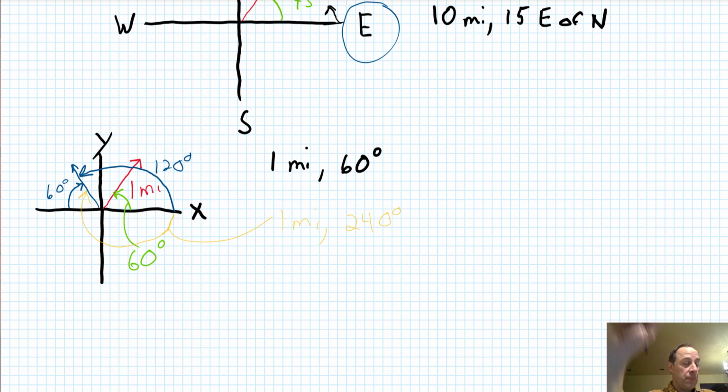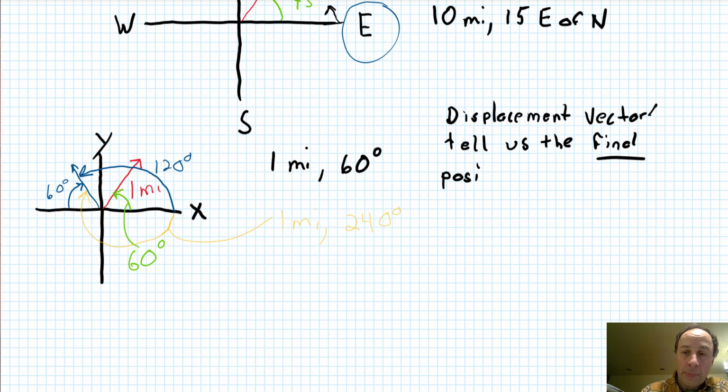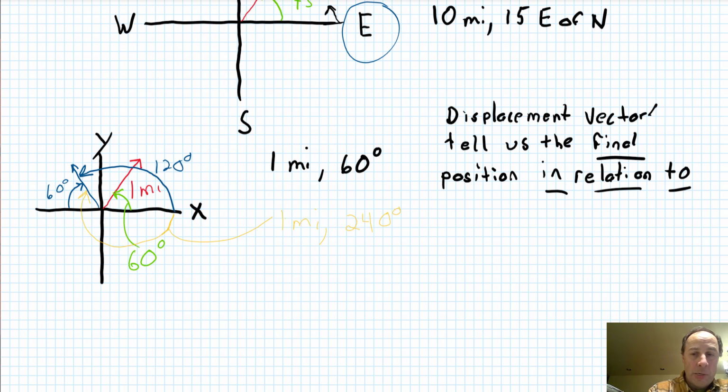Okay, so displacement vectors sum up. Displacement vectors give us the final position in relation to the initial position.